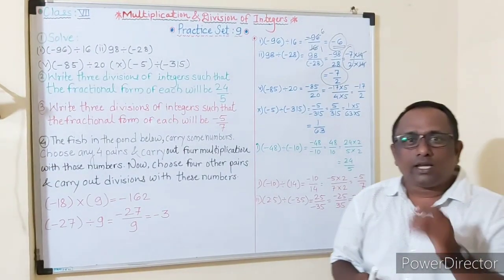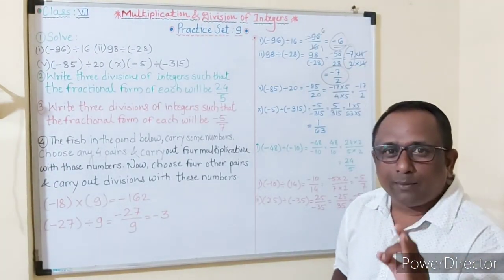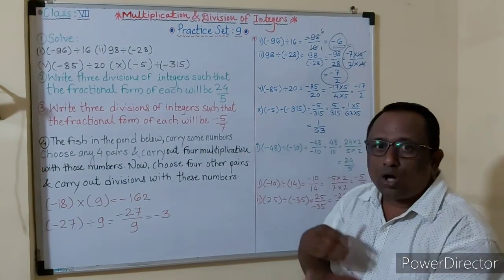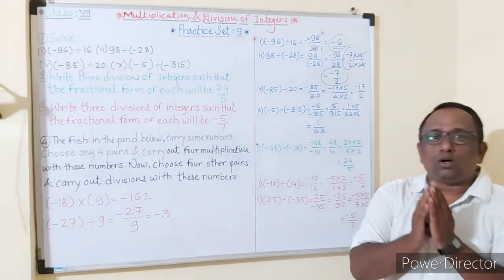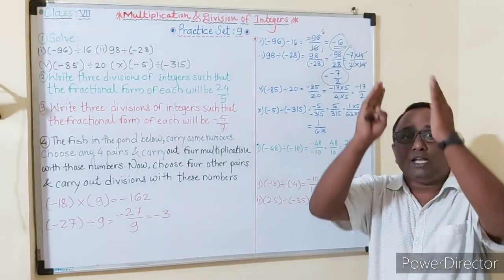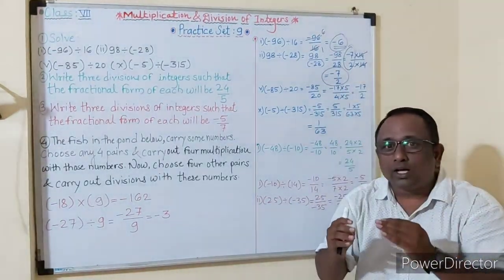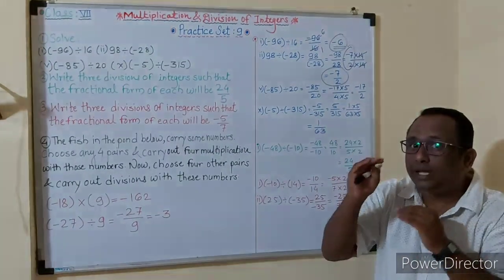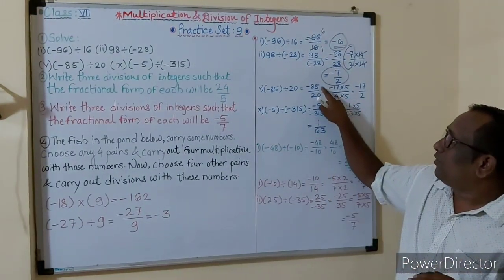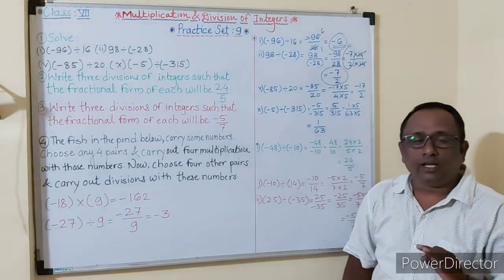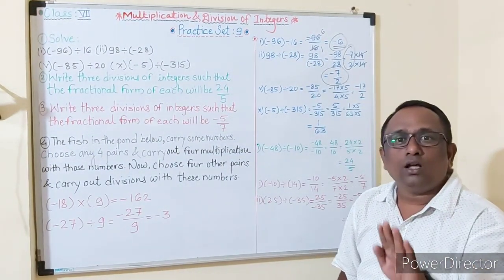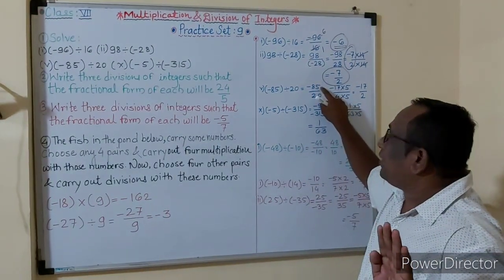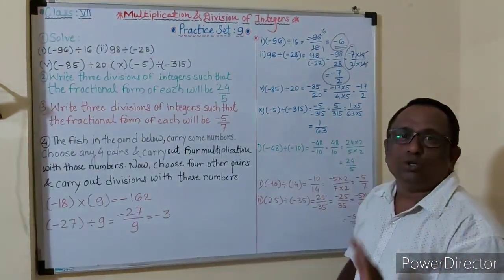Again, here we have to choose a table in which 85 and 20 are there, or we have to find a number that divides both the numerator and the denominator. That number should be the same, divisible to 85 as well as 20. Again, in short, we have to choose a table in which 85 and 20 are both present.